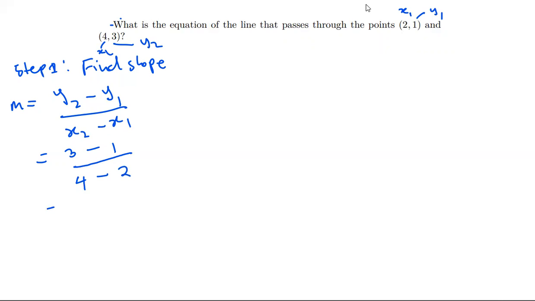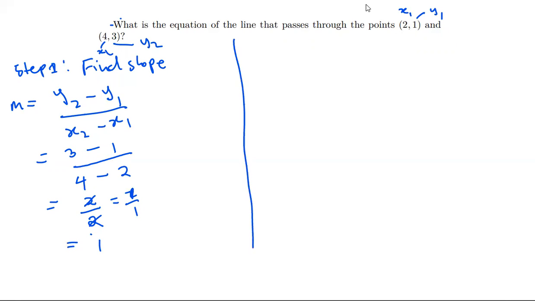Okay. So this then is just 3 minus 1 is 2, divided by 4 minus 2, which is 2. And 2 over 2 is 1 if we just divide the numerator by 2 and the denominator by 2. 1 over 1 is just 1.